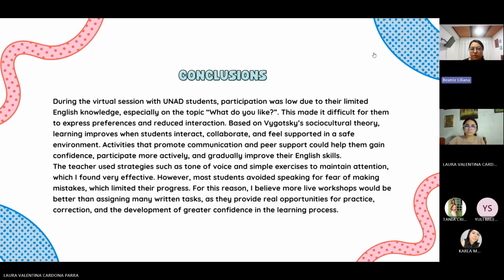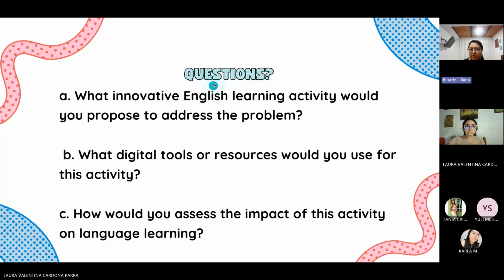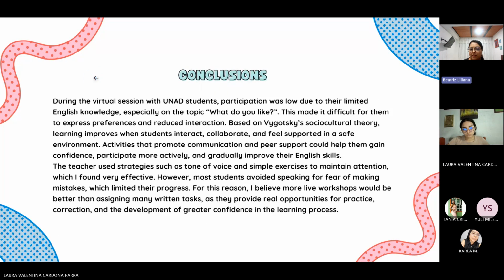Activities that promote communication and peer support could help them gain confidence, participate more actively, and gradually improve their English skills.